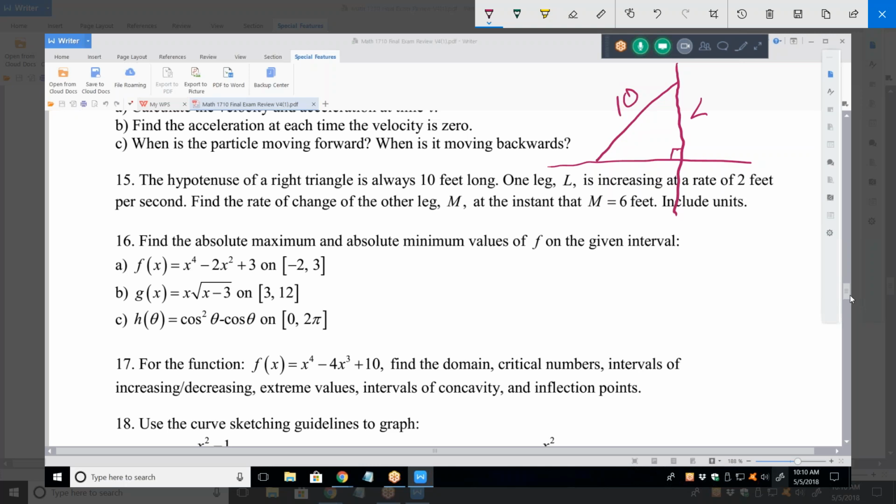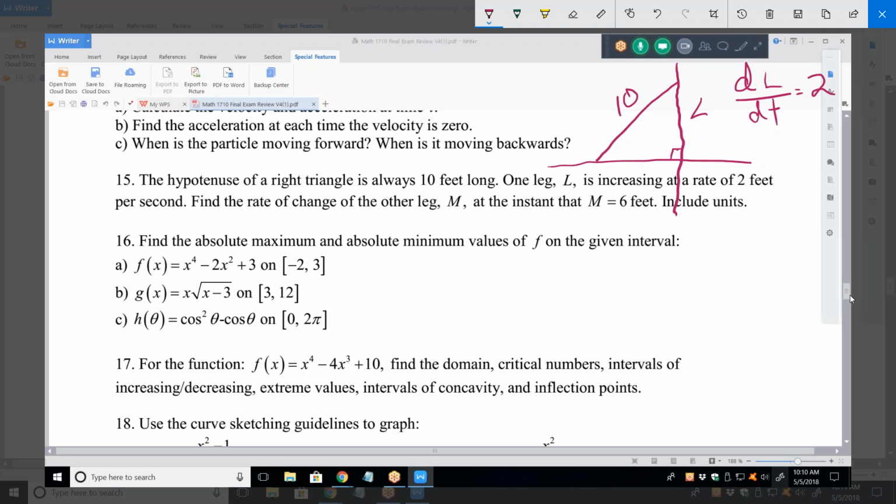What does that mean? It means dL/dt, because it's with regards to time. And most of these related rate problems are always with regards to time. And that's 2.